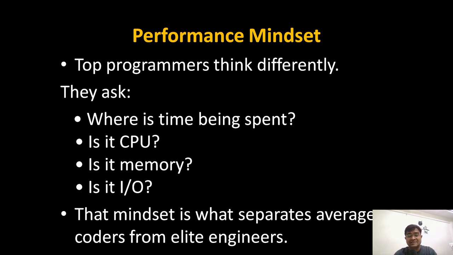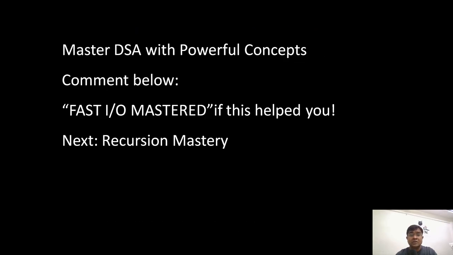Then you analyze that, and only then can you think and optimize the solution. So it's very important that you master this concept, because from an interview point of view you should be very perfect.